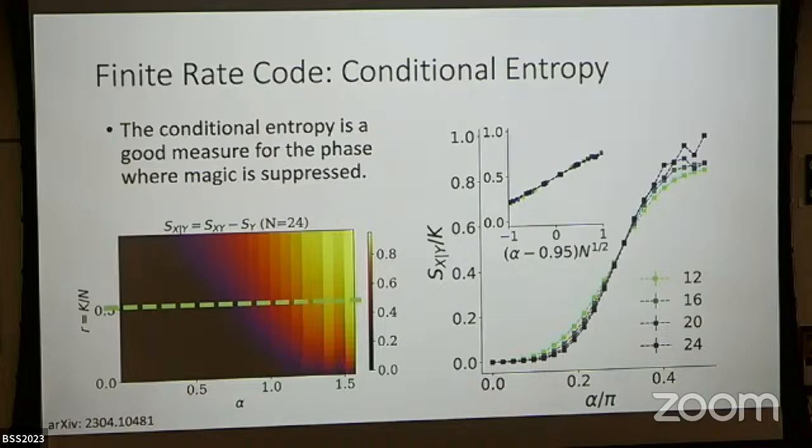In the first phase diagram, there was a black point to the right of the diagram. At the Clifford point, why is this not 0? I'd have to think about that and get back to you. Yes, it's confusing, I agree.